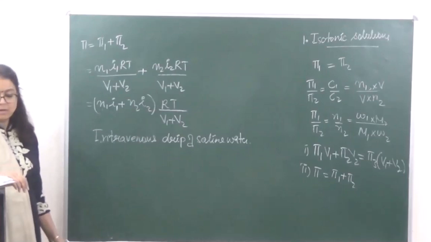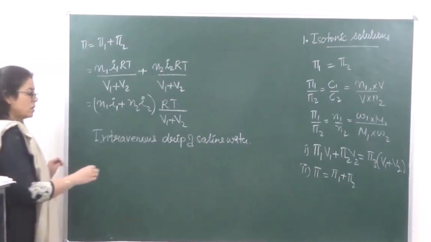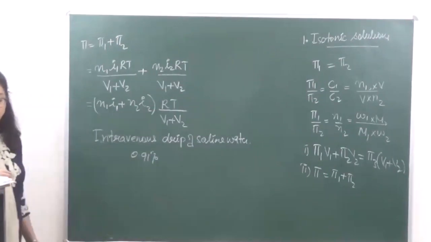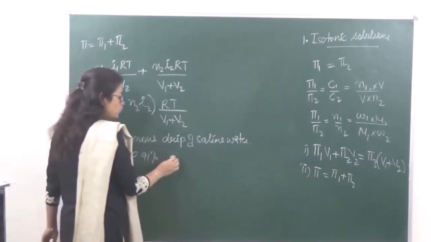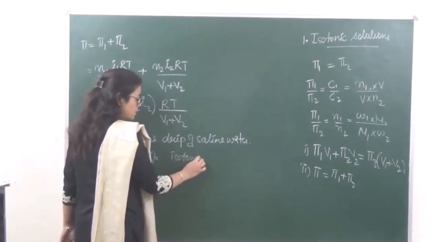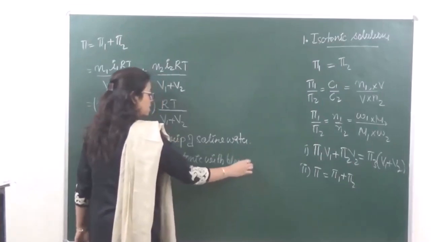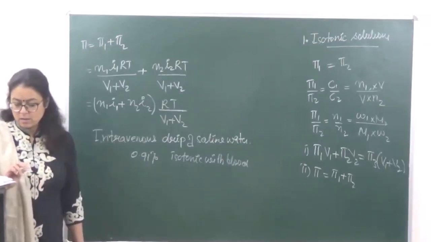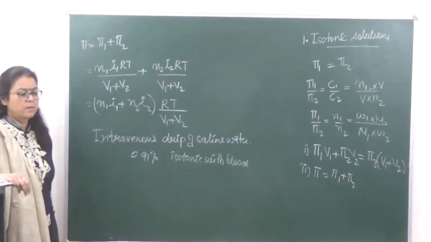In this, a 0.91% solution of NaCl in water, which is isotonic with blood, is given to the patient.